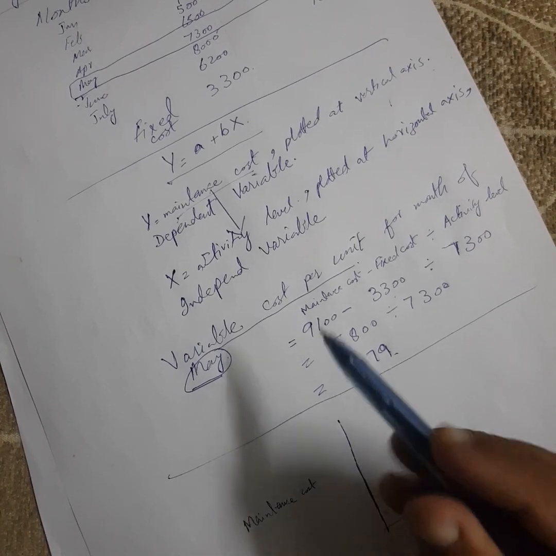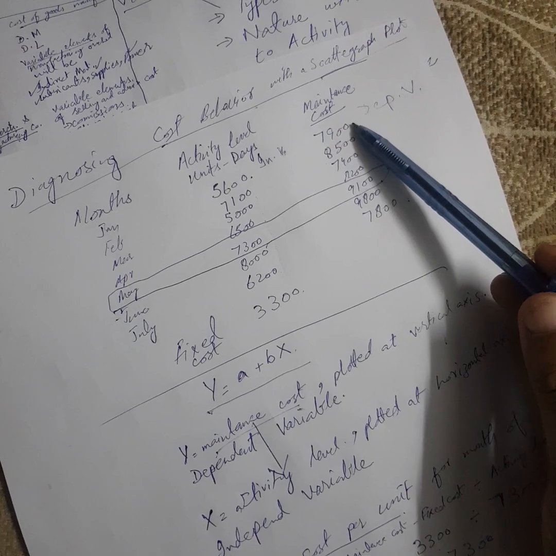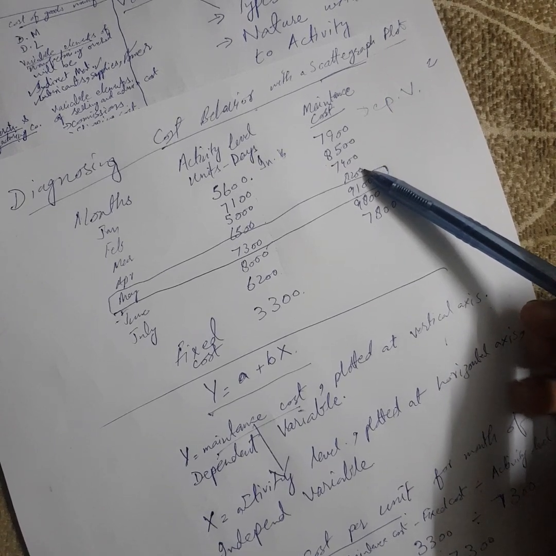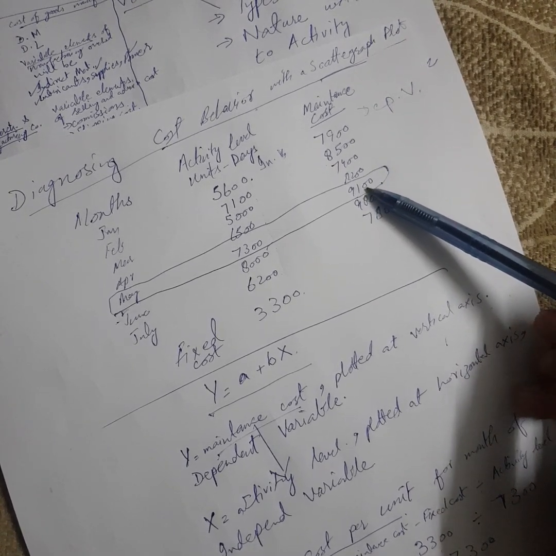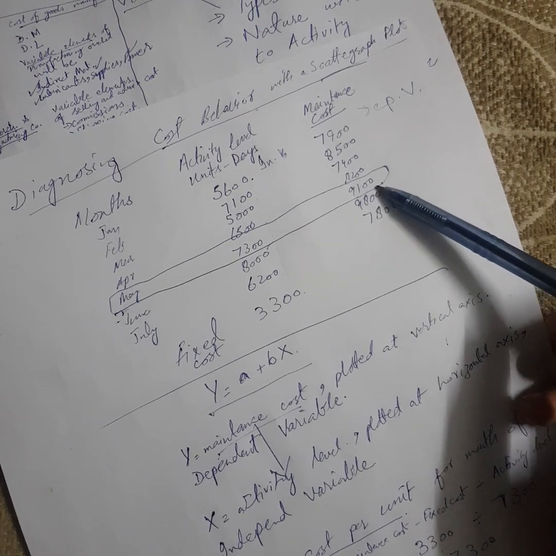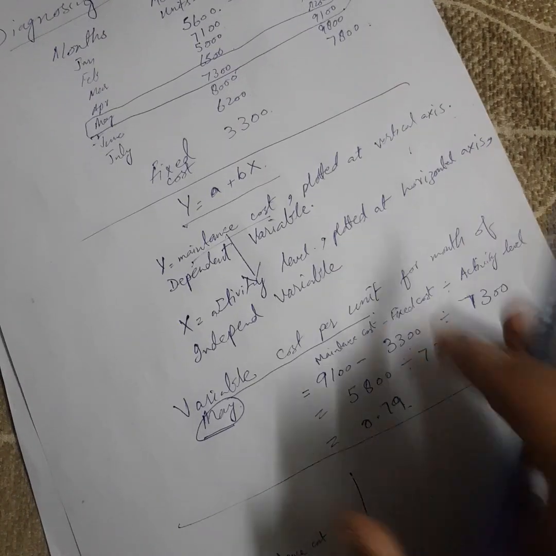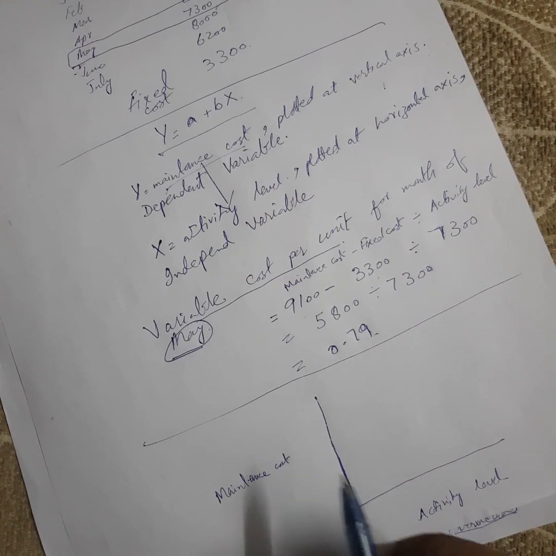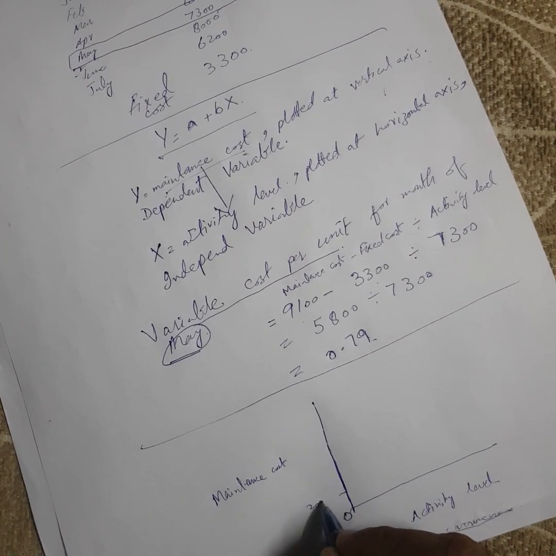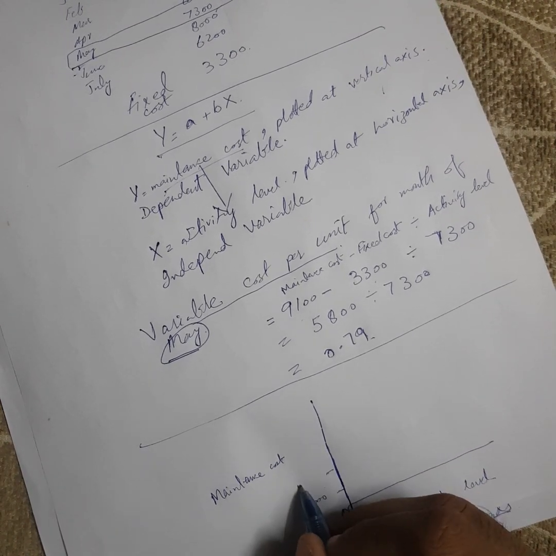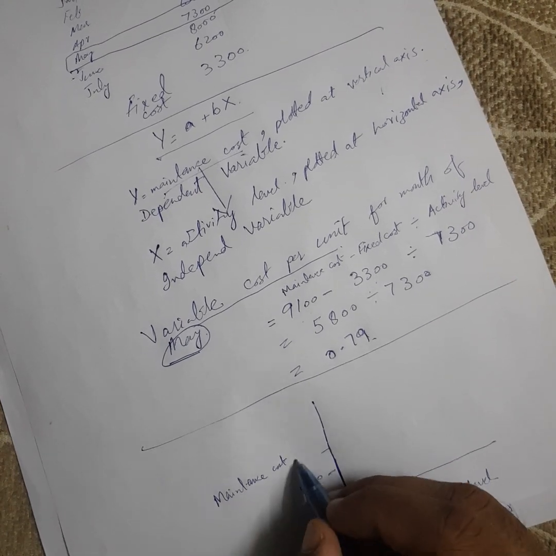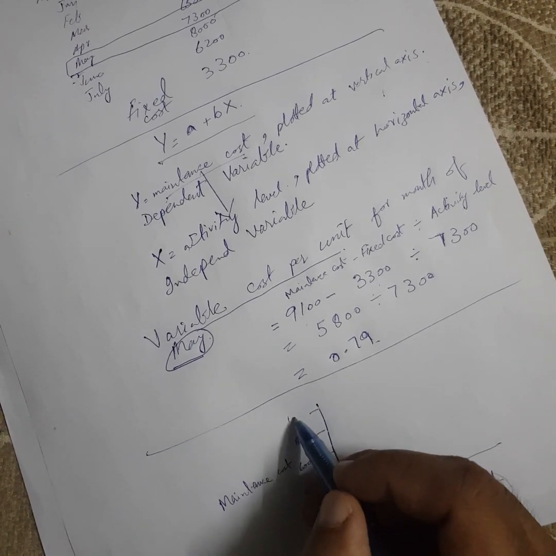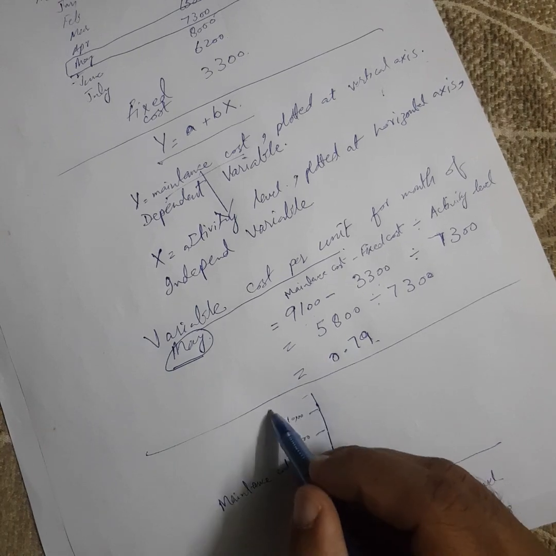If I make a graph, as our maintenance cost ranges from 7,900 to 9,100, 9,800, I will take 0 as it will be on both sides, 2,000, 4,000, 6,000, 8,000, 10,000 and 12,000.